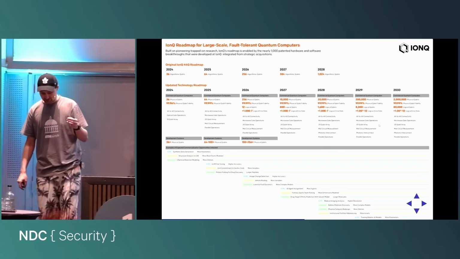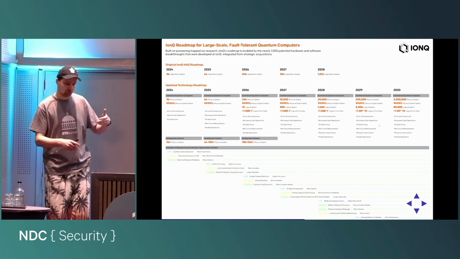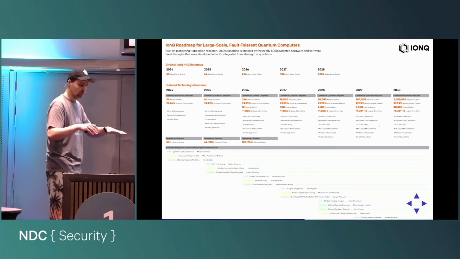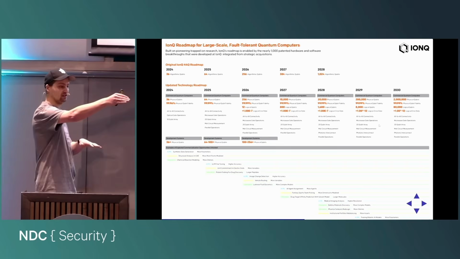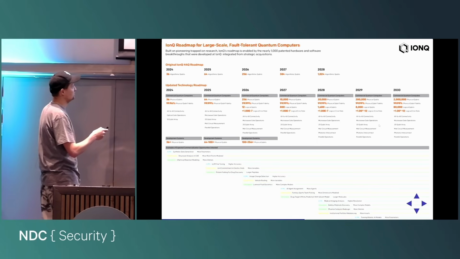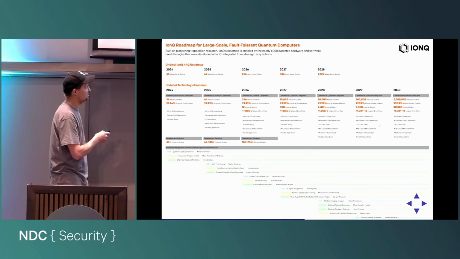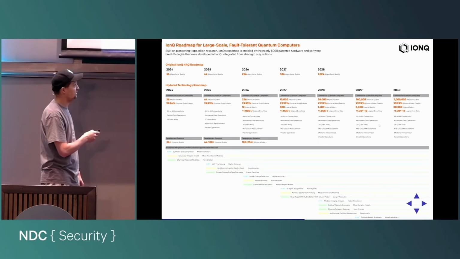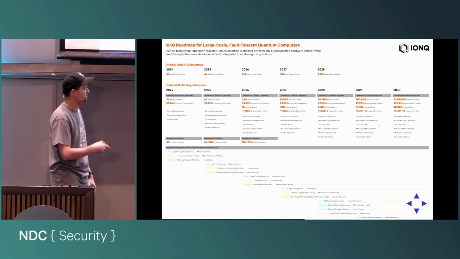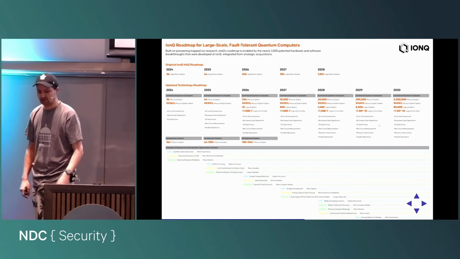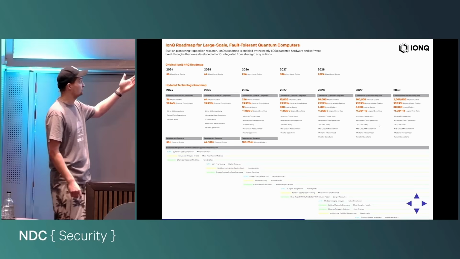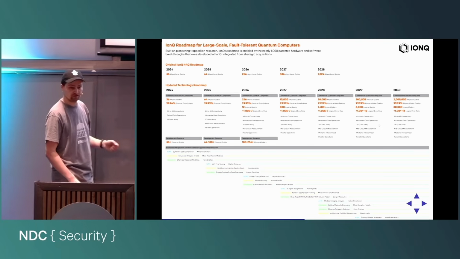And then on top of this, they say, you know what, we've done all the foundational work. We now have a very clear path to scale. And they say, 2028, we will have 1,600 logical qubits. 2029, 8,000 logical qubits. 2030, 80,000 logical qubits. So these are numbers far exceeding what is needed to actually decrypt RSA or elliptic curve cryptography.